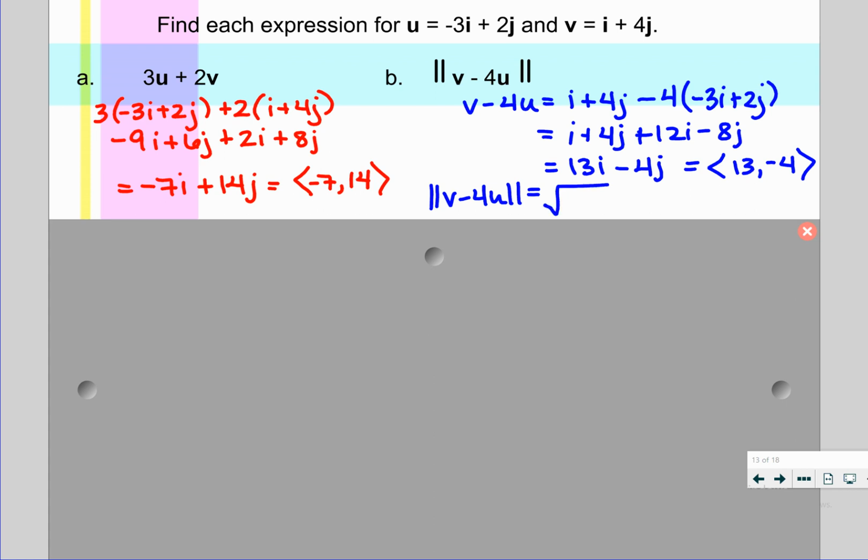So square root of 13 squared and negative 4 squared, which is 169 and 16, which is rad 185. And I don't think that one reduces, so we'll just leave it. Okay, so if you see the magnitude bars, just one extra step to find that length. Okay. Any questions on that one?